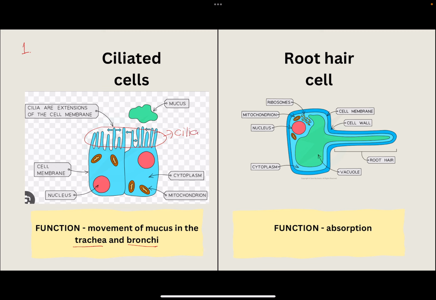So when you breathe in air, suppose the air is coming from this way, there are small particles, dust particles, which will affect the alveoli, because your alveoli is one cell thick. So the cilia will take in the dust, and there's a cell here known as the goblet cell, which is not part of our syllabus.